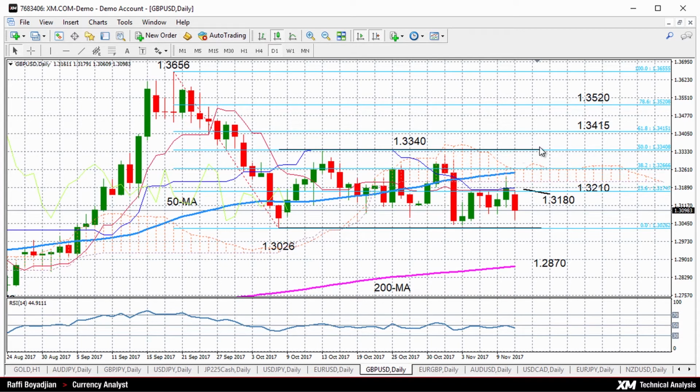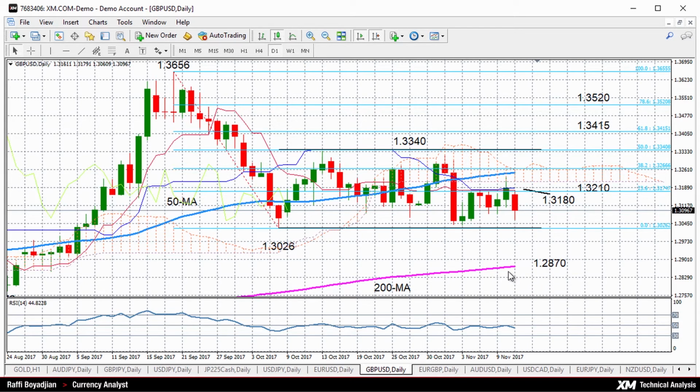A break above that would definitely signal a very strong return to upside momentum for pound dollar, with the next key resistance levels coming at 1.3415 and 1.3520. To the downside, the 200-day moving average is not too far away from the bottom of the range.